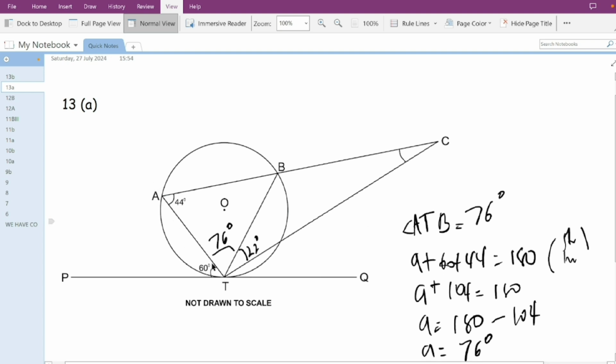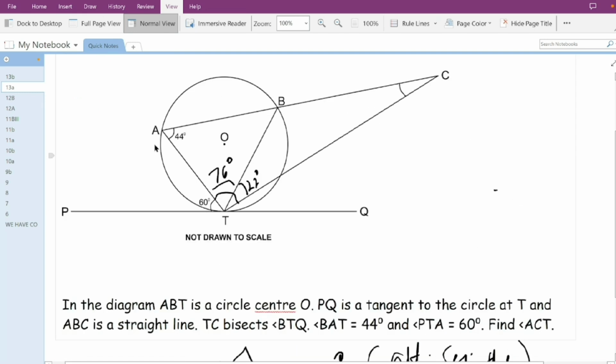This is a triangle now. We have 44 of it. We have 76 plus 22 of it. That's this big angle now is 76 plus 22, which we can say angle ATC, that's angle at T to A and to C. That's ATC is 76 plus 22, which will give us 98 degrees.